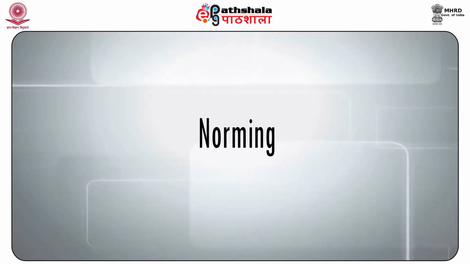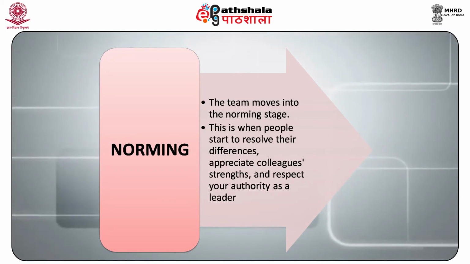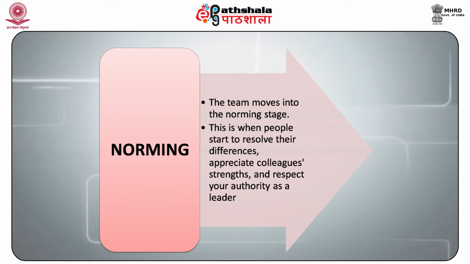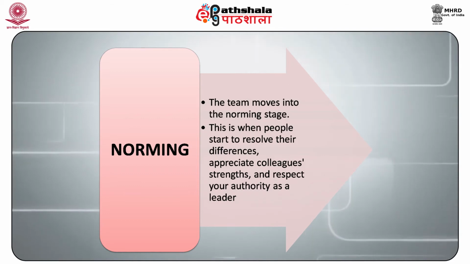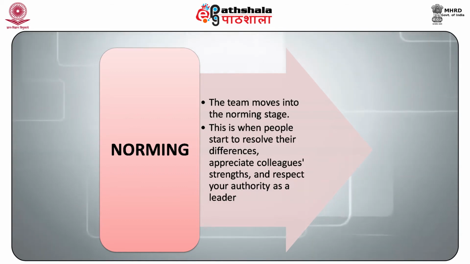Next is norming. Gradually, the team moves into the norming stage. This is when people start to resolve their differences, appreciate colleagues' strengths and respect your authority as a leader. Now that your team members know one another better, they may socialize together and they are able to ask one another for help and provide constructive feedback.